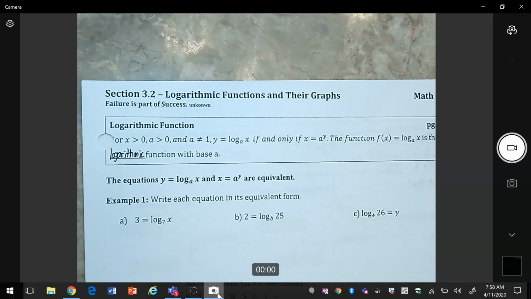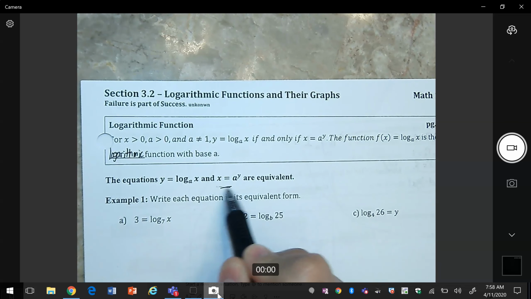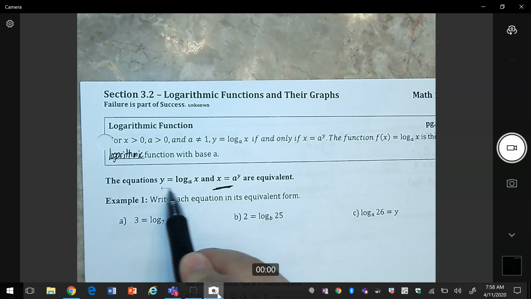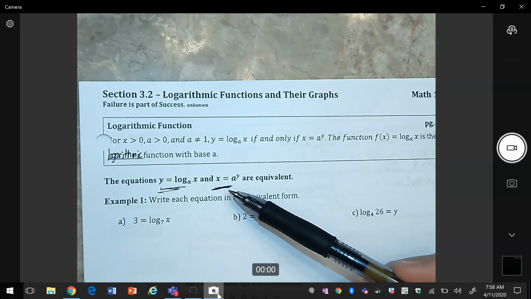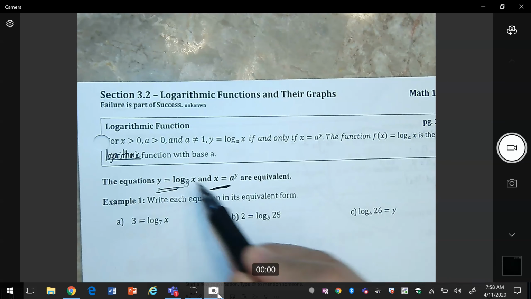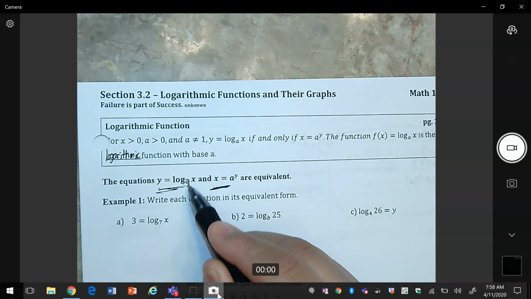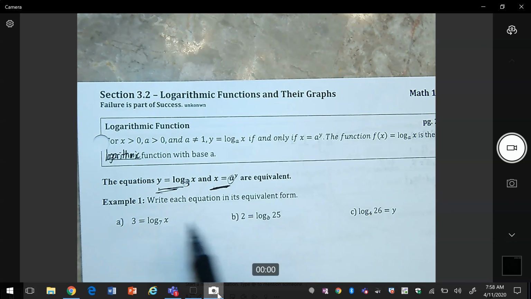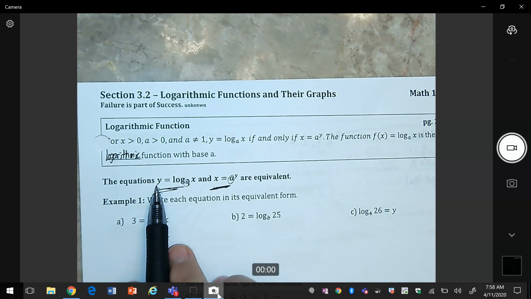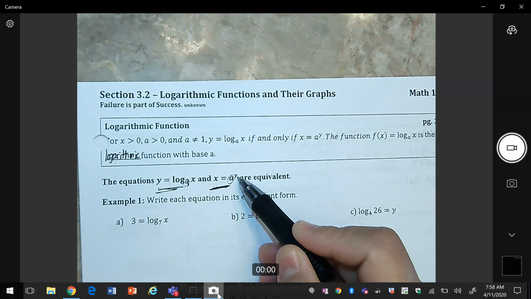So basically, if you have an exponential function, we can write the equivalent log function as follows. So notice that the base a is the subscript here, and then we have x over here. And this log is equal to y, and y is always going to be that exponent here.